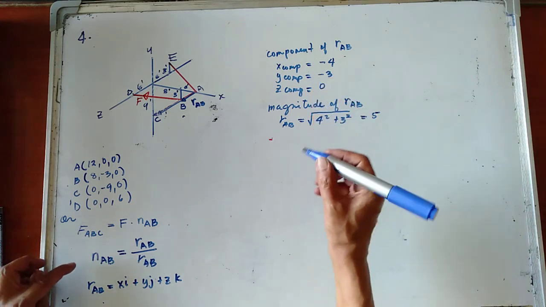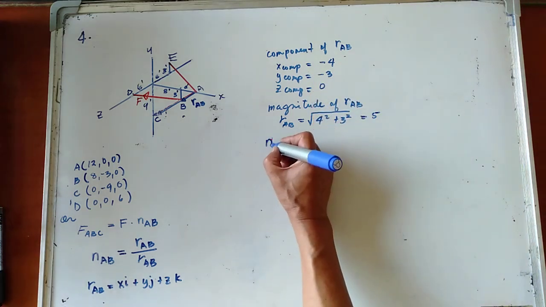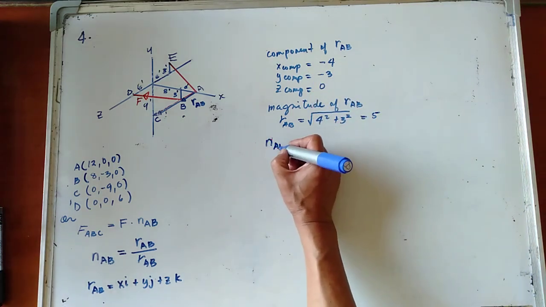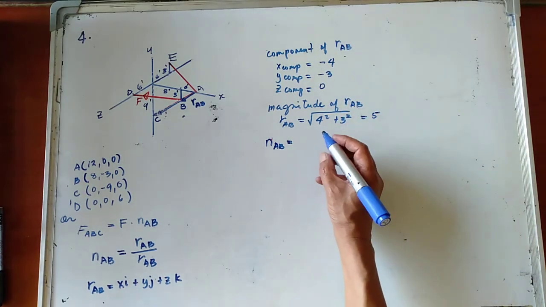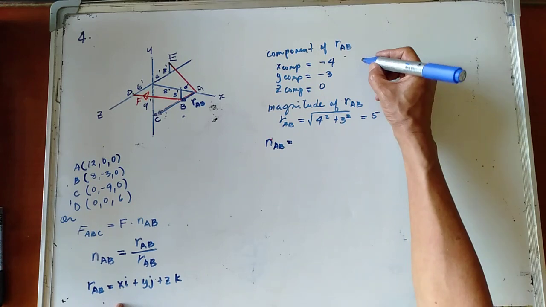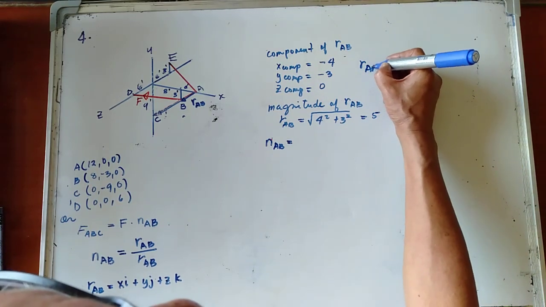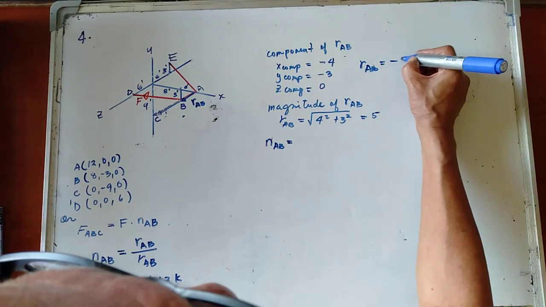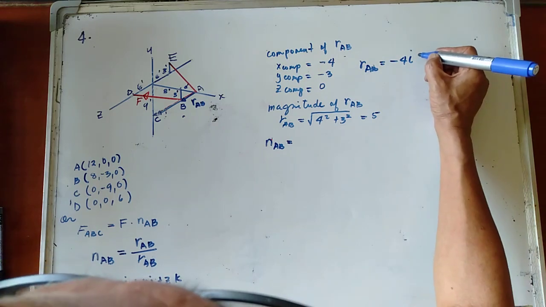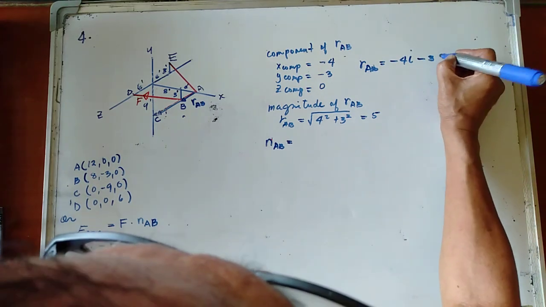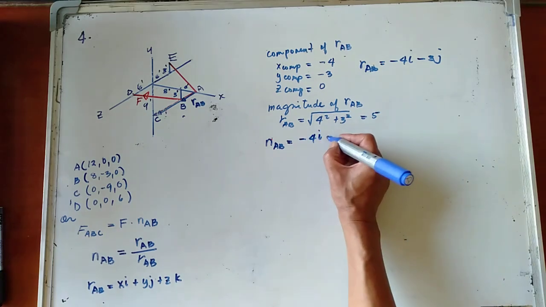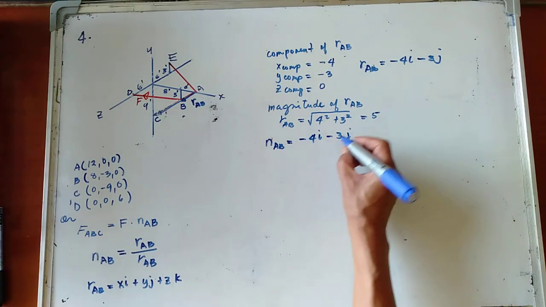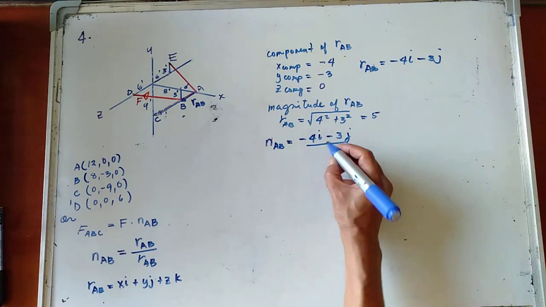So we know now the unit vector NAB is now equal to RAB over its magnitude. So your RAB in here is now equal to minus 4I minus 3J, so minus 4I minus 3J all over 5.